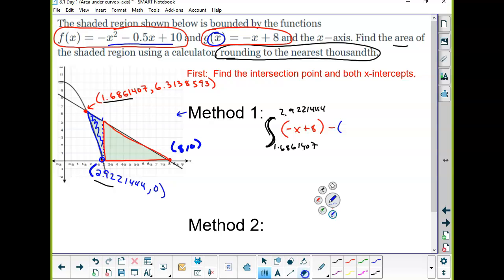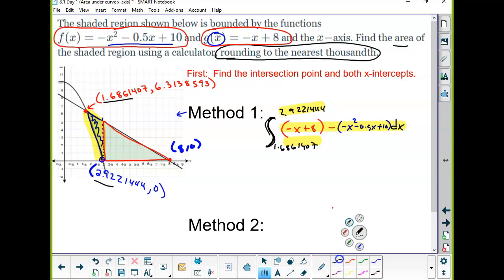Now this answer will just give you this area.